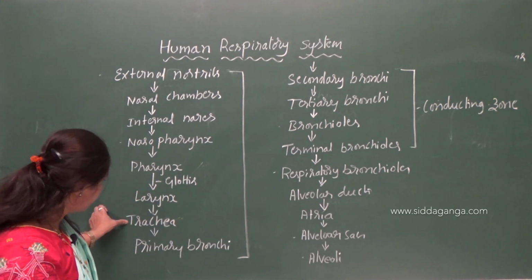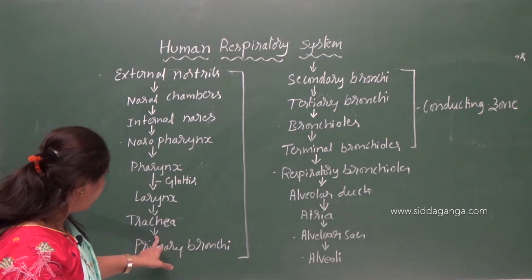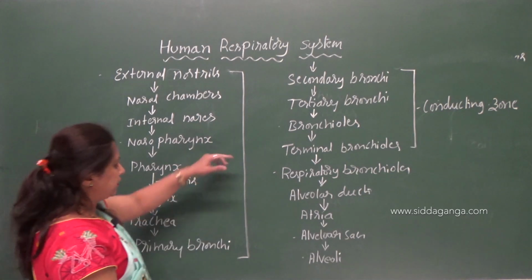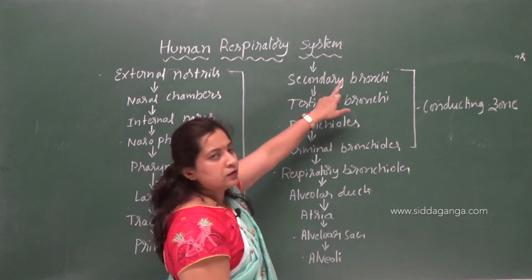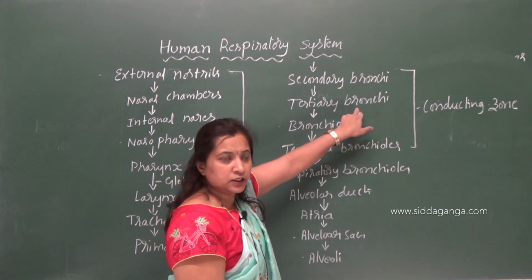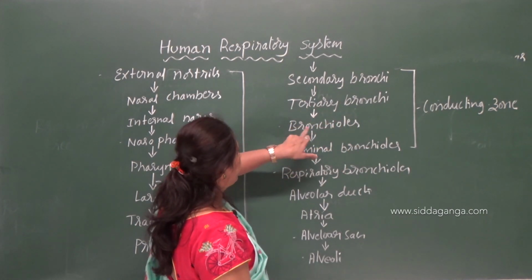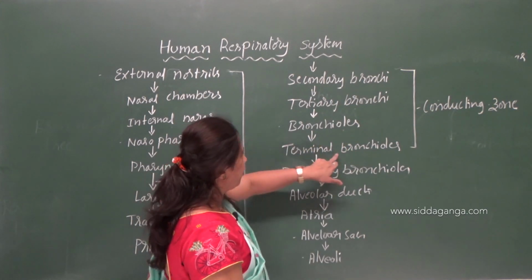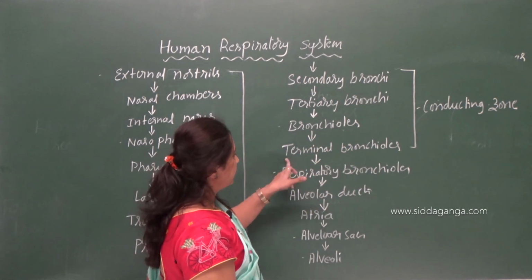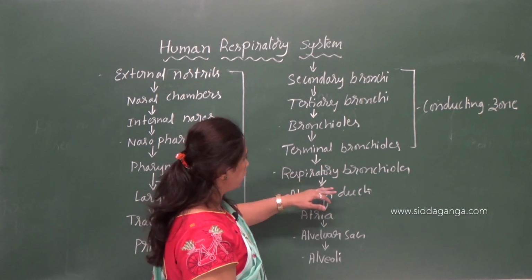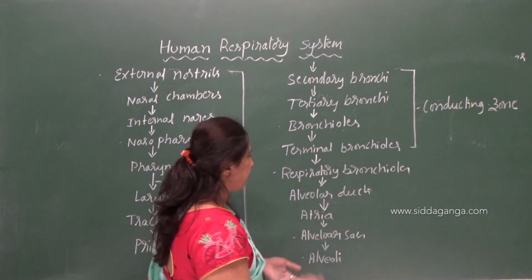The larynx opens into a trachea, and trachea divides into 2 branches called primary bronchi, and the primary bronchi divide to form secondary bronchi. Secondary bronchi in turn divide to form tertiary bronchi. Tertiary bronchi divide to form bronchioles, bronchioles divide to form terminal bronchioles, and terminal bronchioles divide further into narrowest tubes. They are called as respiratory bronchioles.